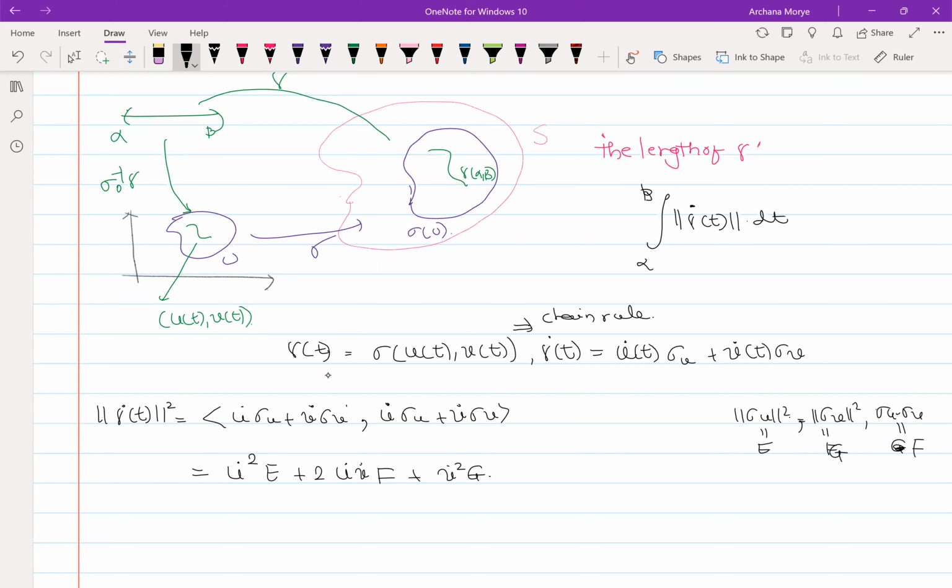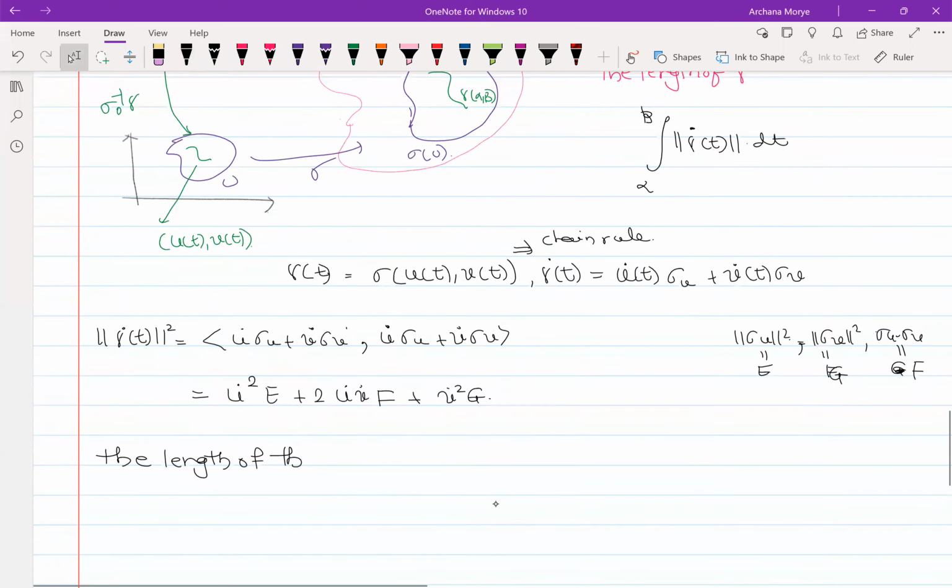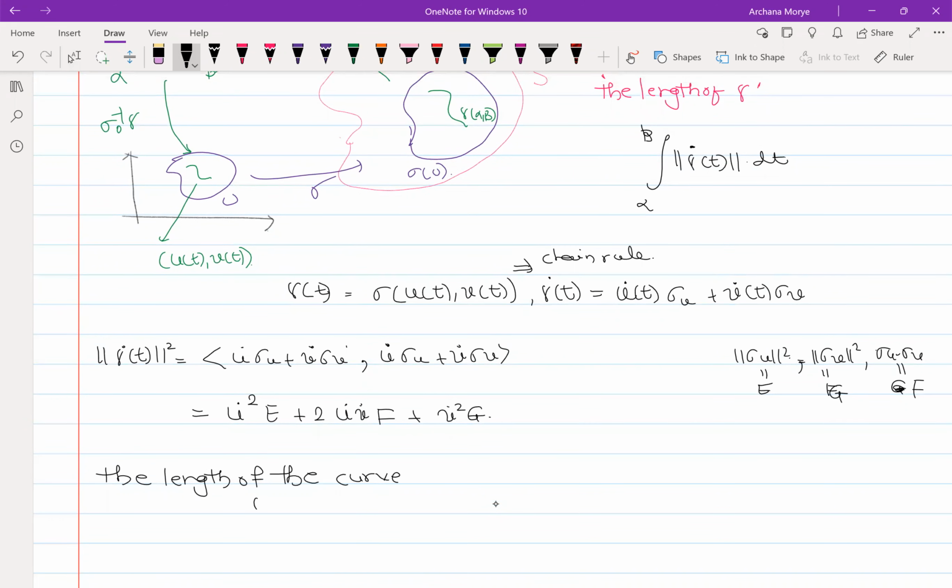So what is our formula for the length of an arc? Let me write the formula now. The length of the curve gamma is equal to the integral from alpha to beta of the square root of E u dot squared plus 2F u dot v dot plus G v dot squared, dt.